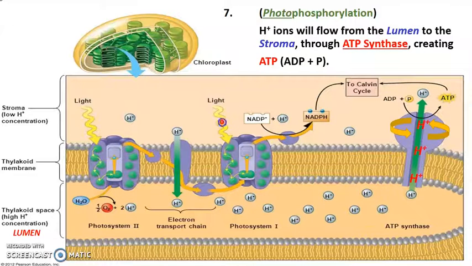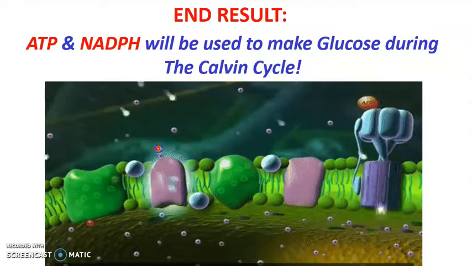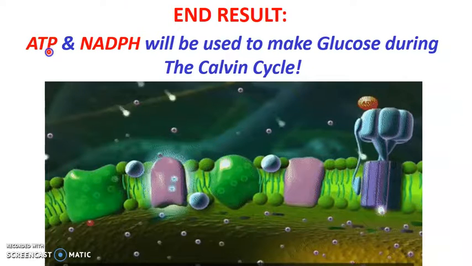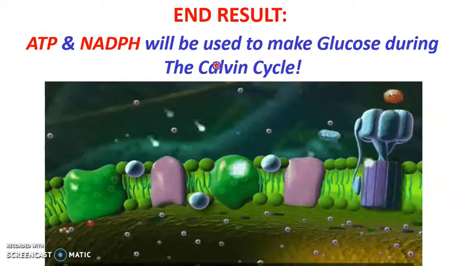So now, at the end of the light reactions, electron flow has produced NADPH, hydrogen ion flow has been used to create ATP, and these 2 molecules that were just made in the stroma, again, these 2 blue dots here, will be used by the Calvin cycle to turn carbon dioxide into glucose or sugar. So again, in conclusion, we're making NADPH and ATP in order to make glucose later on during the Calvin cycle.